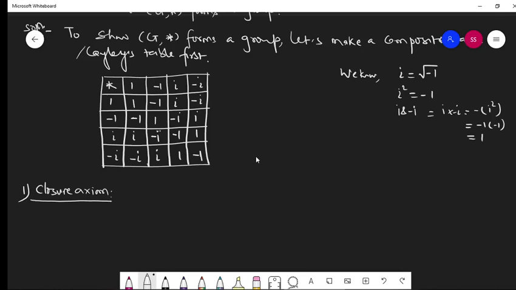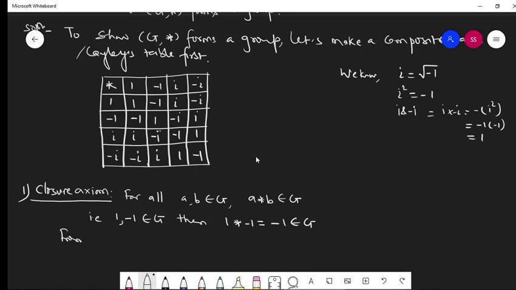For all a, b belongs to G, a asterisk b belongs to G. That means, suppose 1, minus 1 belongs to G, then 1 asterisk minus 1 equals minus 1 belongs to G. And from the table also, the product of any two elements is an element of the given set.